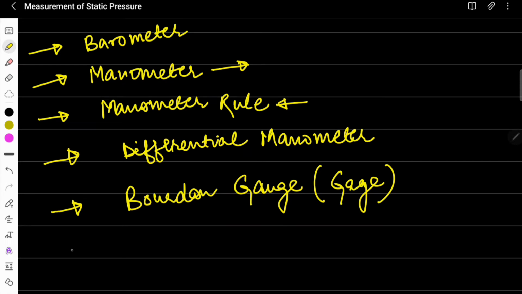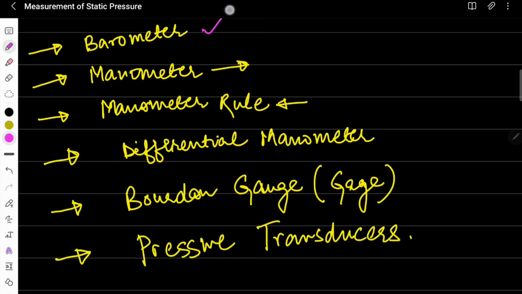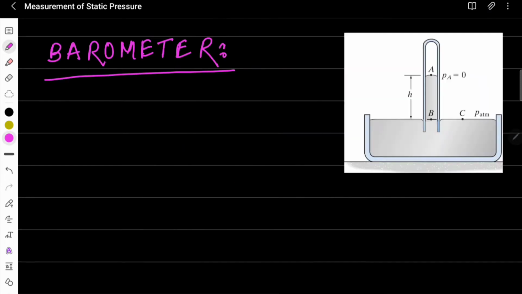And the last, which is used especially in research areas where you have to precisely measure how the pressure is varying at various locations, either in fluid or any other medium, is the pressure transducers.